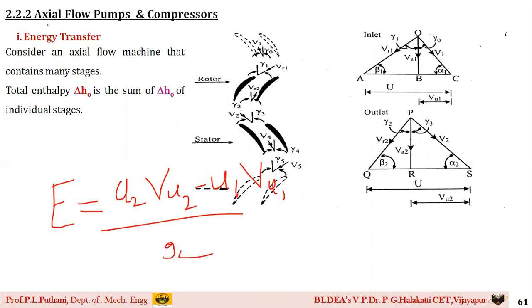Today we are studying axial flow machines. For axial flow machines, we have already learned that the tangential speed is uniform, that is u1 is equal to u2 is equal to u.